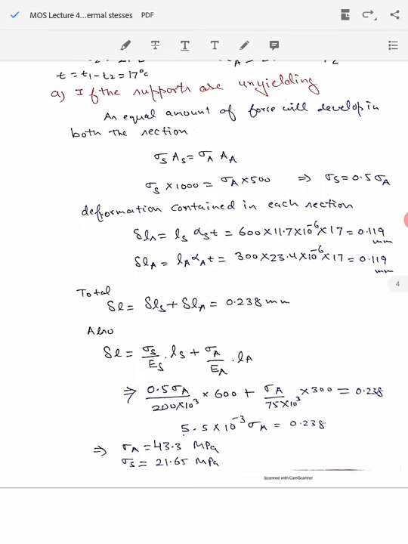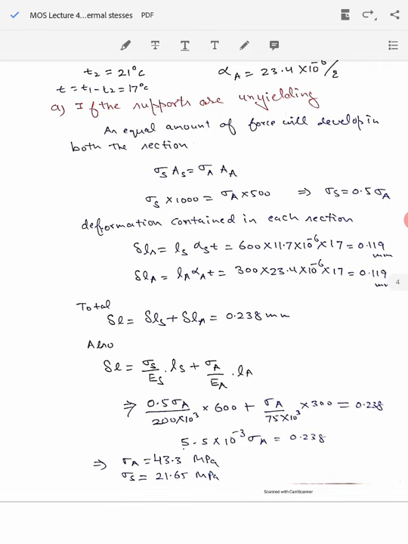Now let's use the Hooke's law part, and for the deformation we express it as strain multiplied by the length. So this is strain in the steel part multiplied by the length of steel part, plus strain in the aluminum part multiplied by the length of the aluminum part.